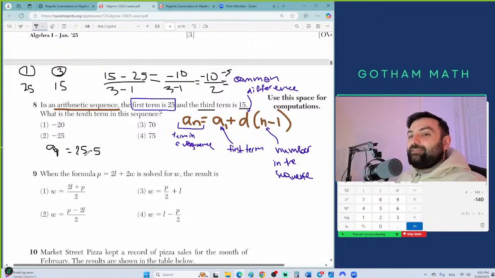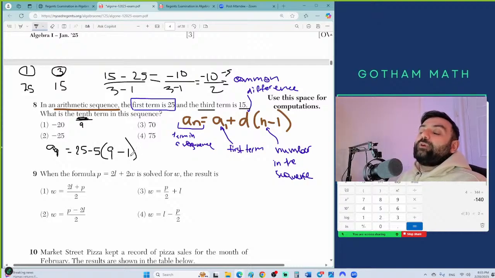It's plus negative 5, but I don't like putting two signs in a row. Times N, the number in the sequence, we're looking for the 9th one, so it's 9 minus 1. And by doing this you will get your answer. 9 minus 1 is 8. Negative 5 times 8 is negative 40. So it's 25 minus 40, which is negative 15.